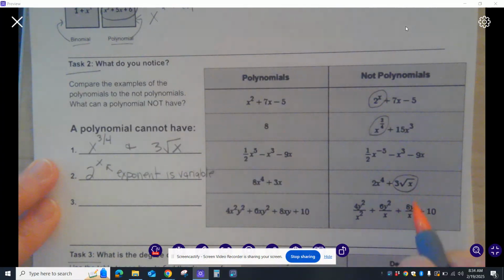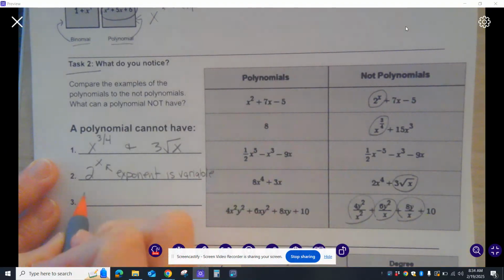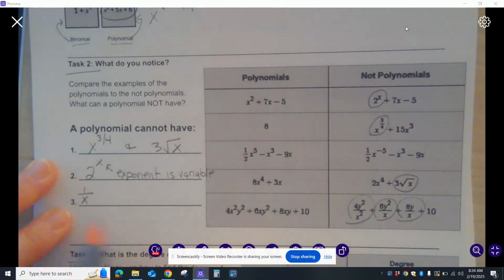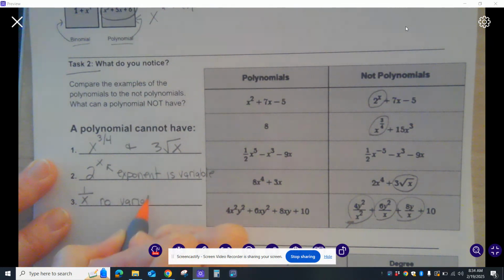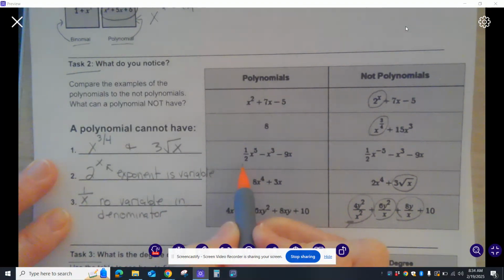No variable in the denominator. See these right here? The bottom of the fraction is the denominator, and we would say no variable in denominator. So if you look over here, this is okay.